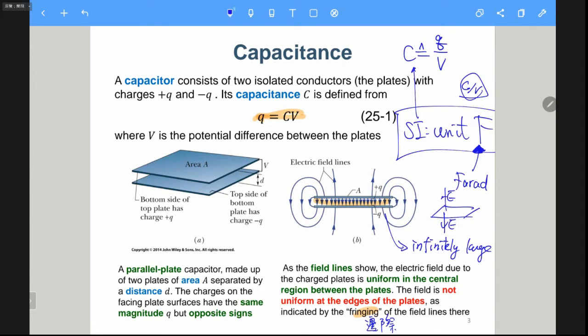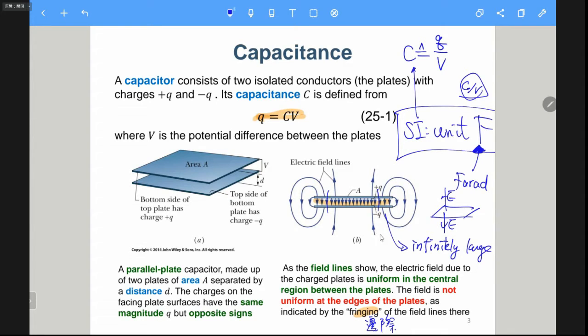Of course, a practical capacitor cannot be infinitely large, but at least in the inner part, the E field is quite uniform. For the edge, it is a bit weaker, and even for the outside part, it might be something strange. It's something like the E field lines of a dipole. Don't care about the outside. For a capacitor, usually we only care about the inside part.